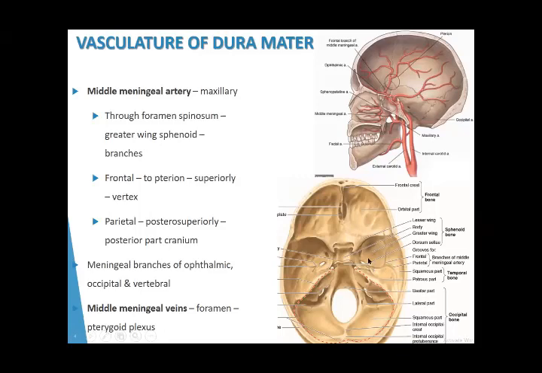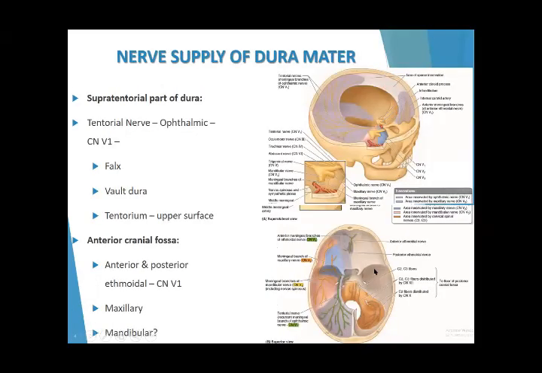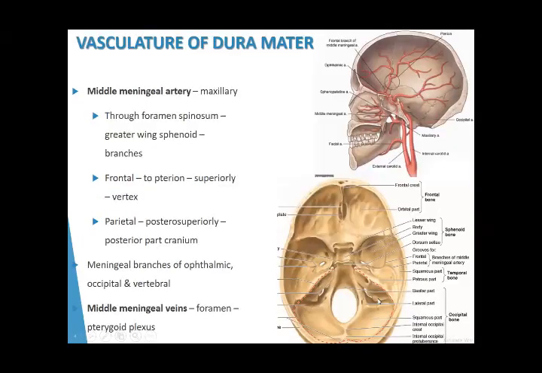Foramen spinosum में से emerge कर रही है ये middle meningeal artery and it is dividing into two, the frontal branch and this is the parietal branch or the posterior branch. Clearly नज़र आ रही है. And this is where the middle meningeal artery frontal branch is crossing the pterion. Approximately this is the site where you have the pterion.